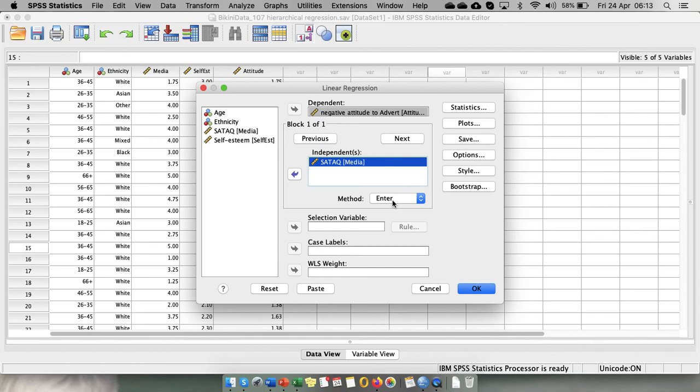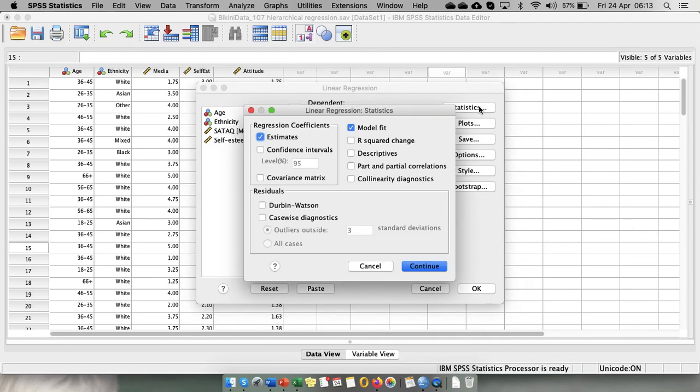The results are usually only confined to your sample. So for us, we have two blocks, and we enter the one variable we're controlling for in block 1 and another variable in block 2.